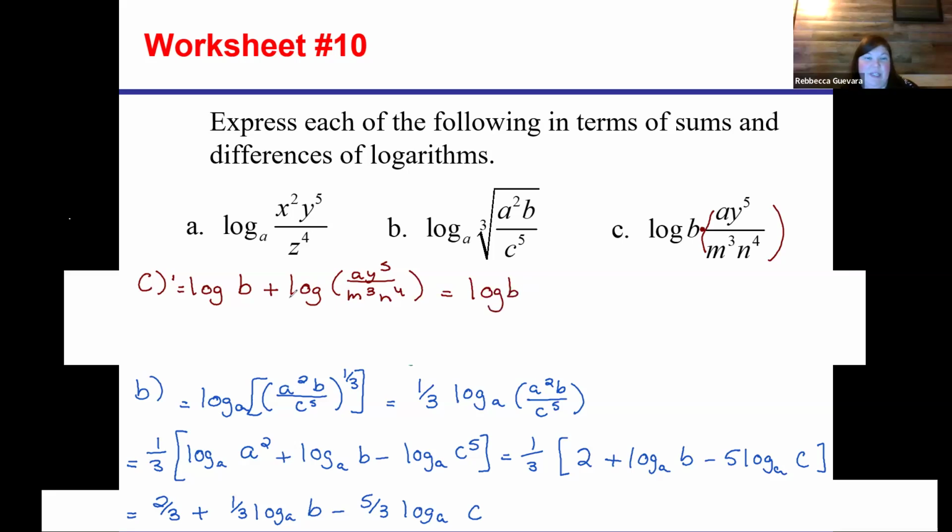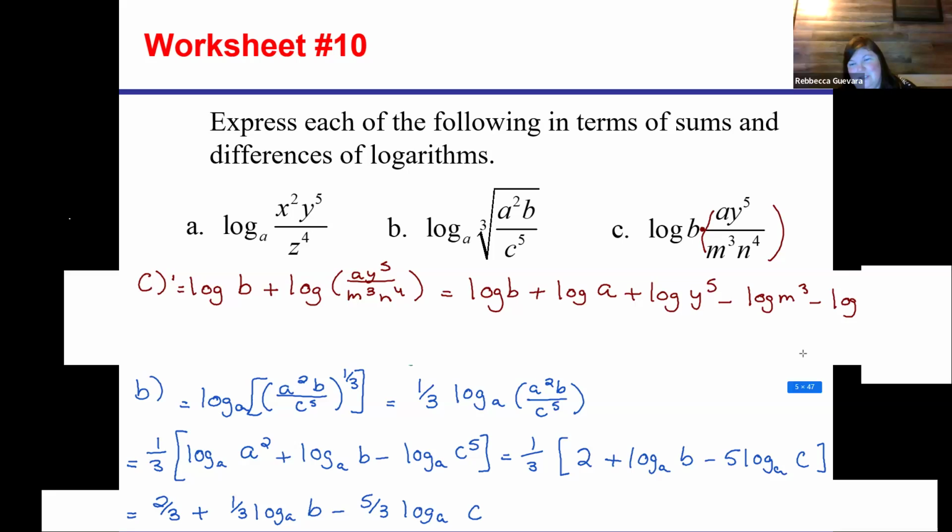We're going to have log b, and then this is going to break up even further, plus log of a, plus log of y to the 5th, minus log of m to the 3rd, because that was on the bottom, minus, because the n to the 4th is on the bottom as well, log of n to the 4th.